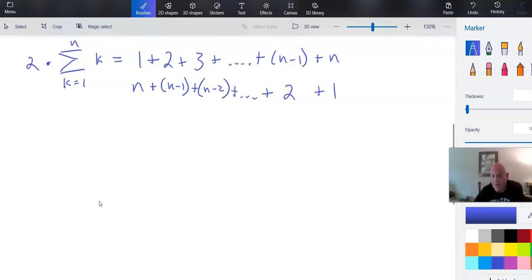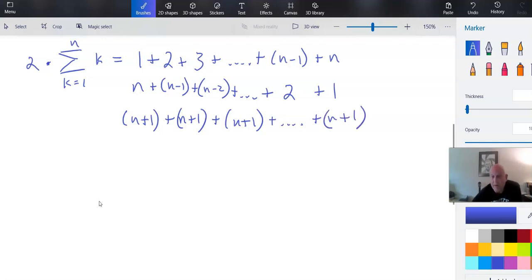Now, one of the things that people notice, if you add them from opposite ends like this, each term comes out, that n plus 1 is n plus 1. n minus 1 plus 2 is n plus 1. n minus 2 plus 3 is n plus 1. And all the way to the end, right?